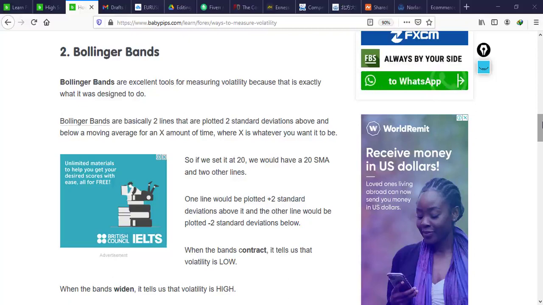So let's say if you set it to 20, we would have a 20 SMA and 2 other lines. Now SMA stands for simple moving average. One line will be plotted 2 standard deviations above it, and the other line will be plotted minus 2 standard deviations below the 20 SMA.